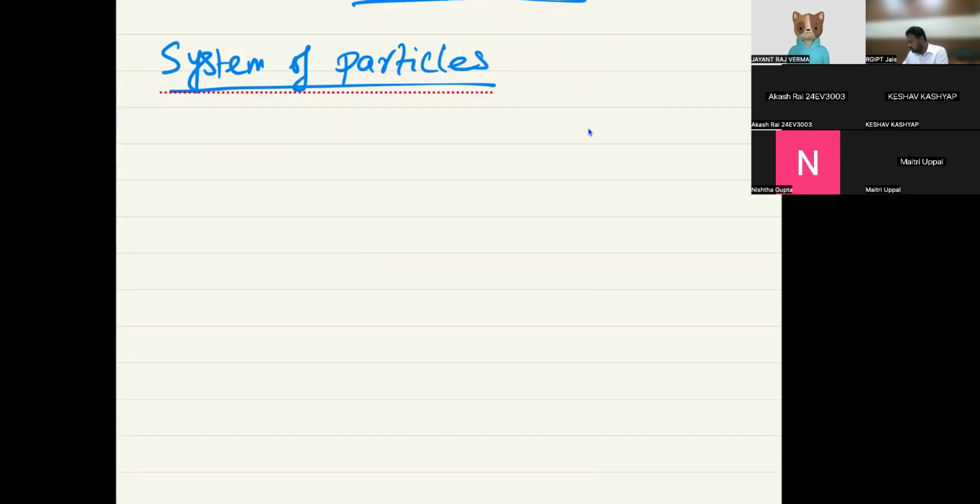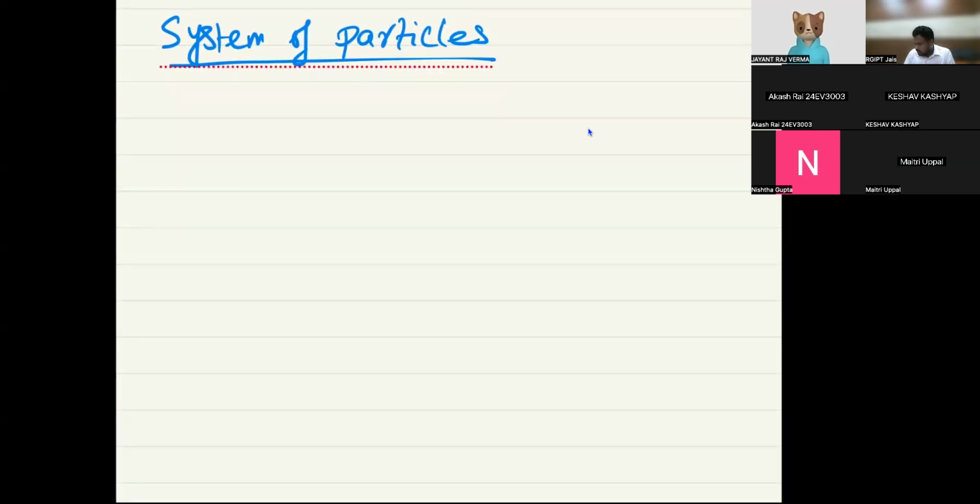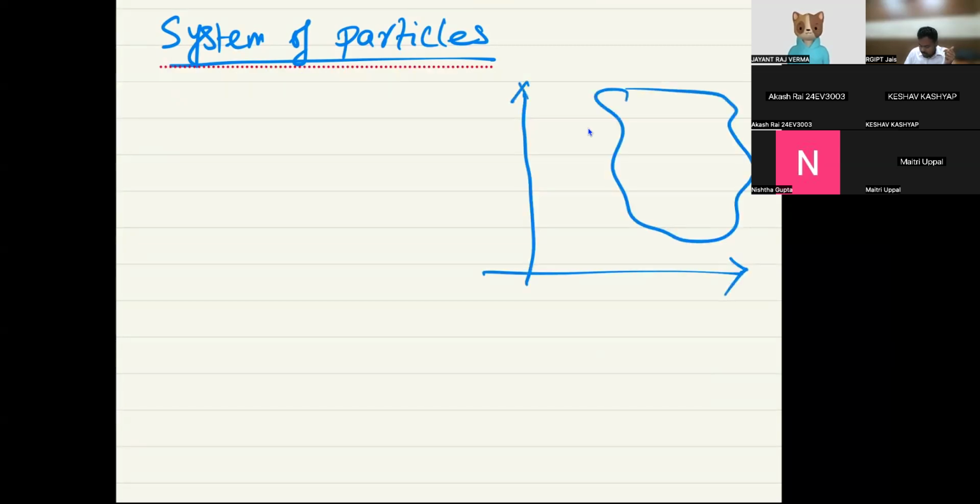We showed how to tackle a system of particles, and what happens if an external force acts on it. Let's say this is a system of n particles, each located at Ri, Rj and so on, and each having mass Mi and Mj.